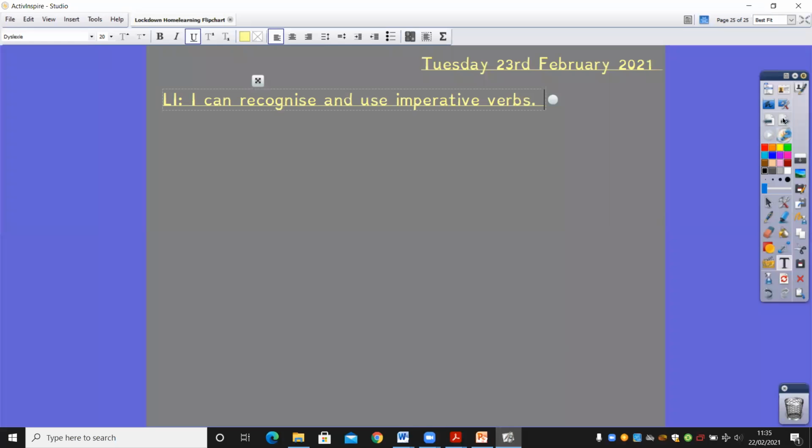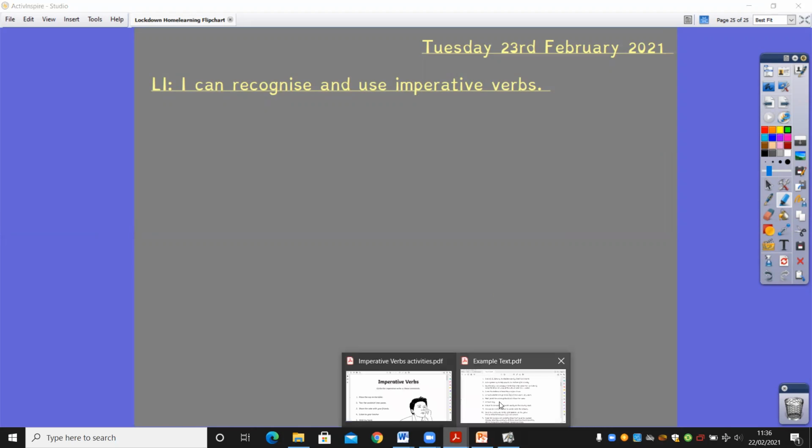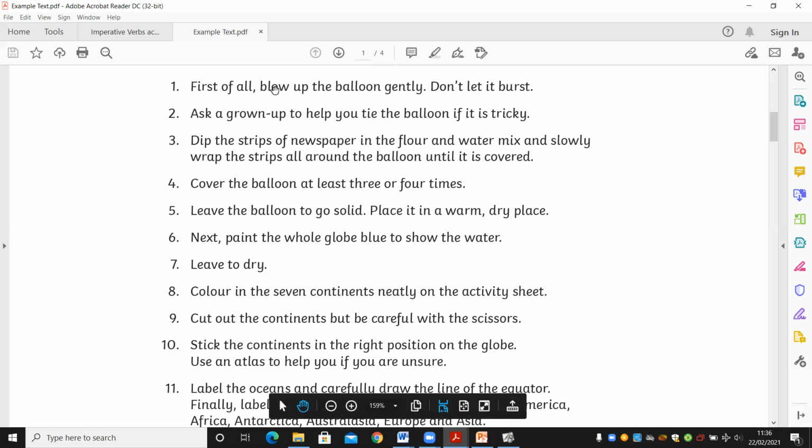I'm going to try to highlight them for us. So let me try to change this and go back to the text. Now, if you highlighted, and now it's not going to work. If you highlighted blow up, don't, let, and burst, you would have found all the verbs just in the first step.